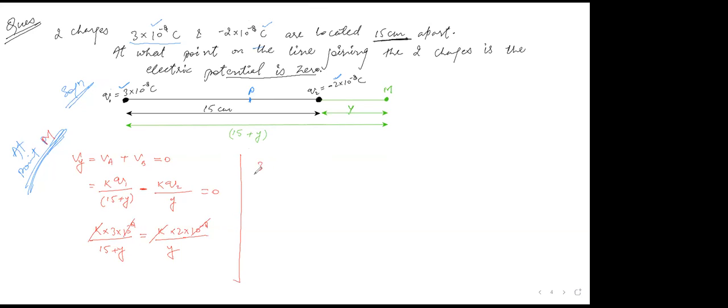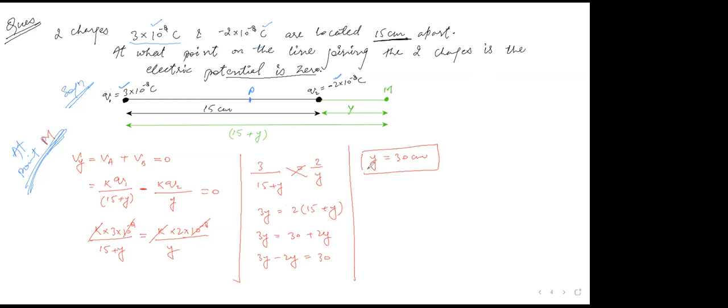You get 3 over 15 plus Y equal to 2 over Y. Now cross multiply: 3Y is equal to 2 into 15 plus Y, so 3Y is equal to 30 plus 2Y. You get 3Y minus 2Y equal to 30, so Y is 30 centimeter.